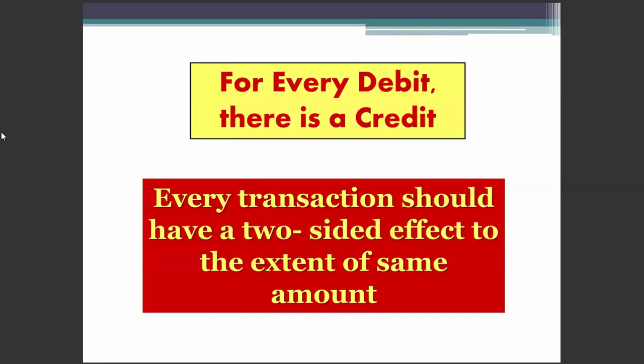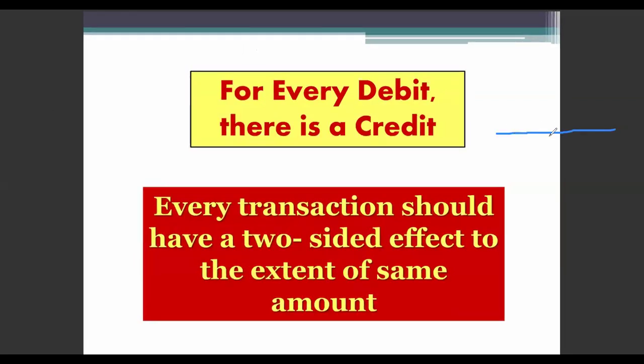So all of you, if you remember the first semester, when you were writing in accounts, we have an equation where we write debit and we write credit. Every debit should have an equal credit.